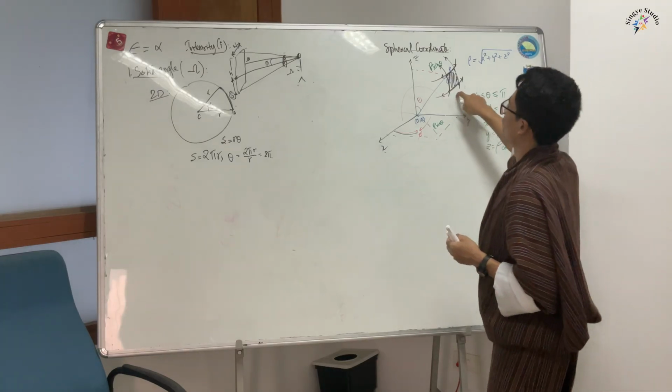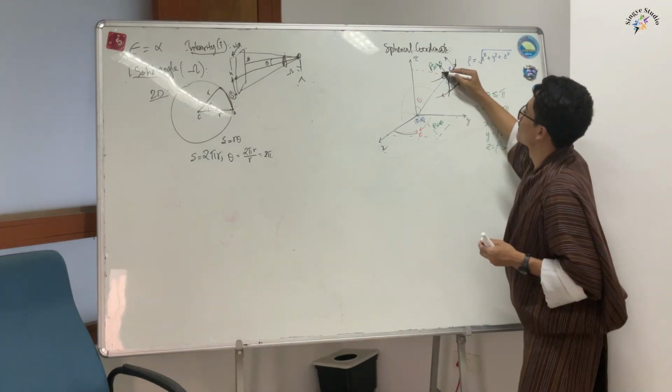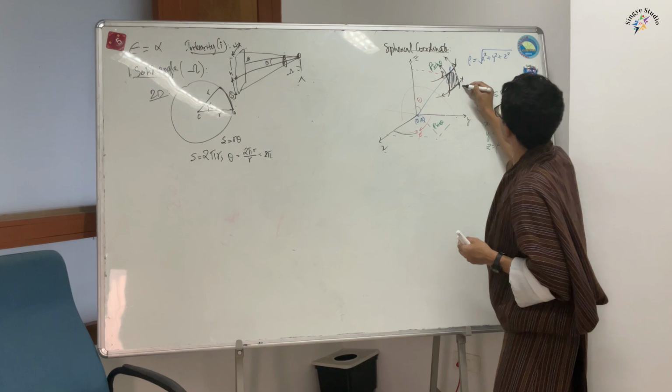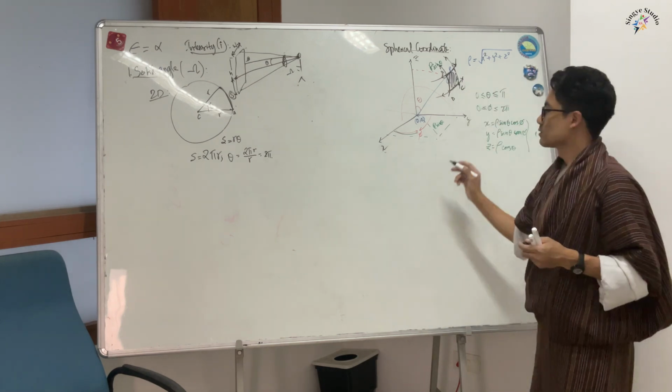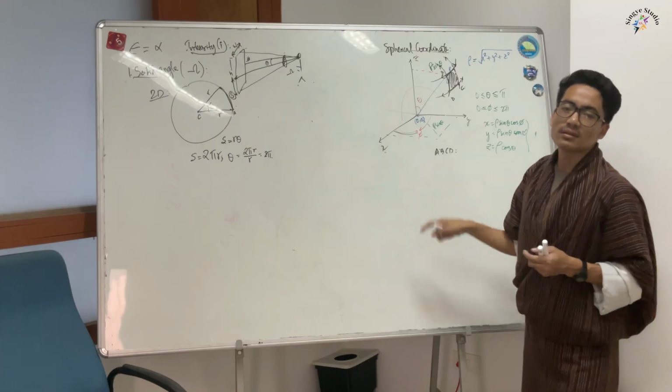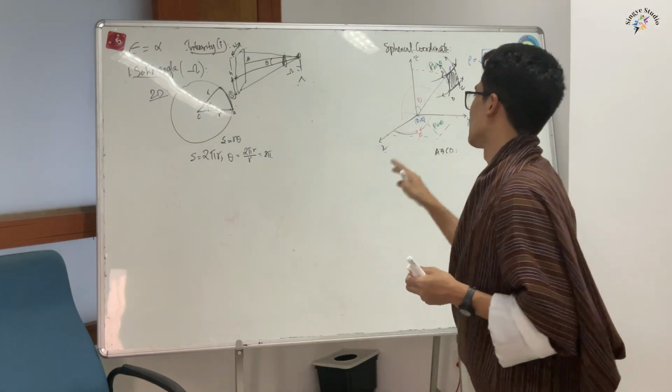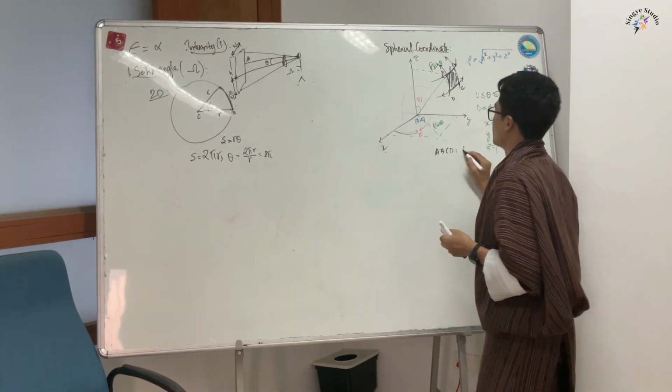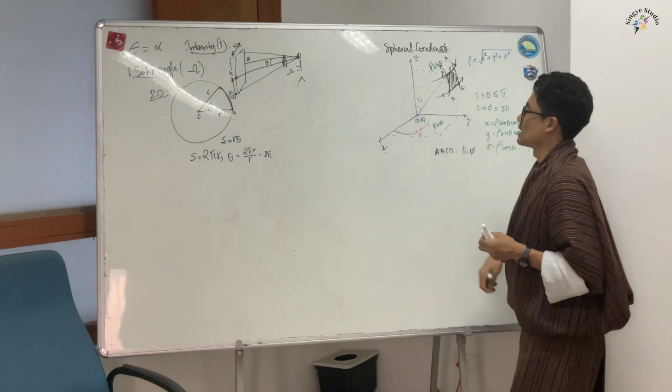So this area that I can now call A, B, C and D has the two angles that you have to take care of, that is the zenith angle and the azimuth angle.